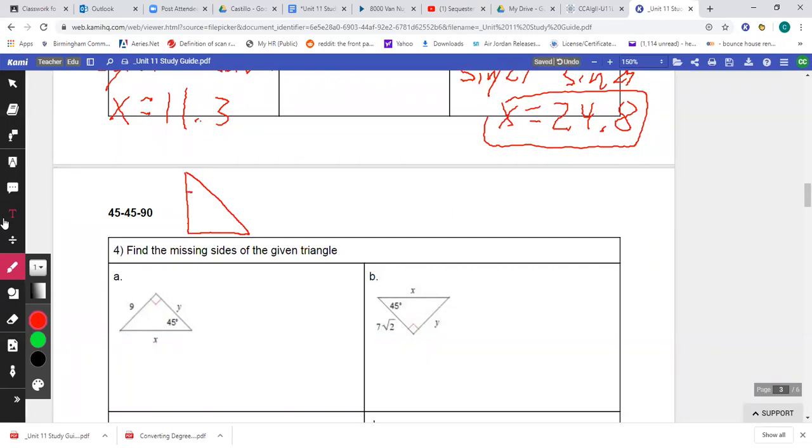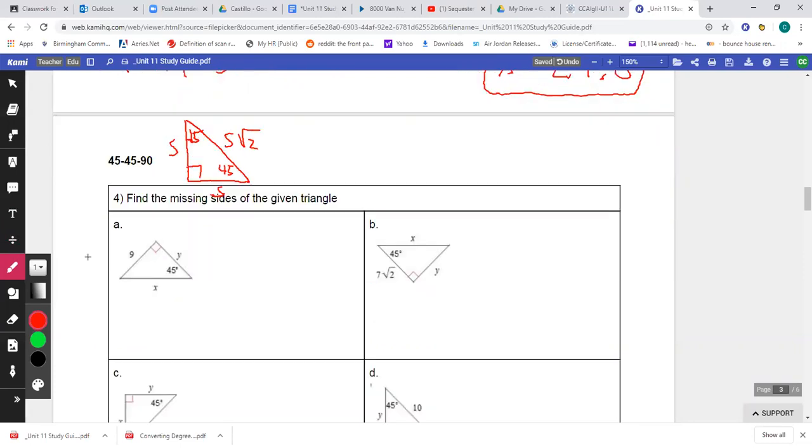So if this is 45 and this is 45, remember that the triangle went like this. It was S, S, S root 2. Look at letter A. One of the sides is 9.